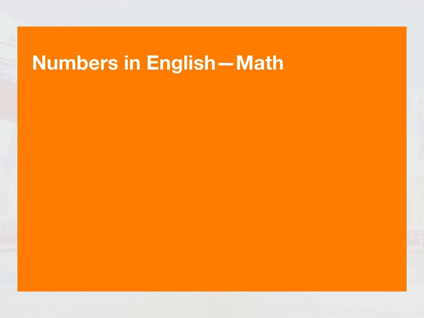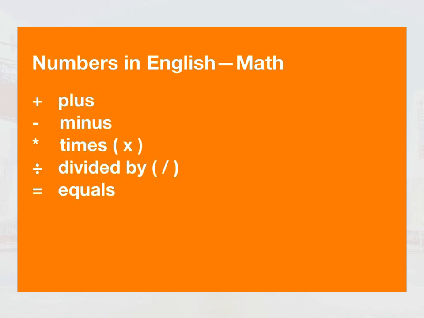We'll look at math. So the operators in English are plus, minus, times, divided by, and equals. Notice the symbols we use. Very often you'll see times also represented by just a lowercase x, and divided by a forward slash.